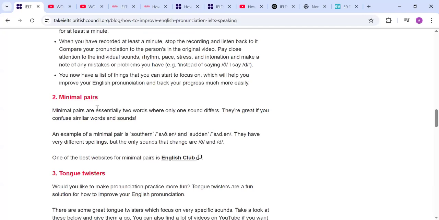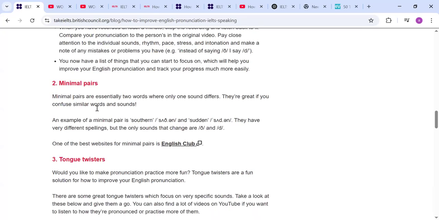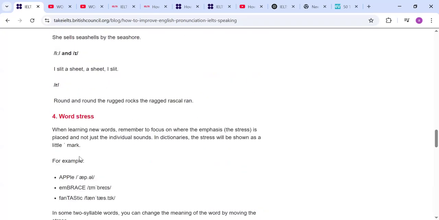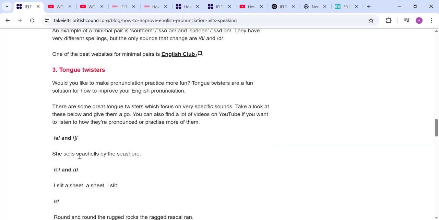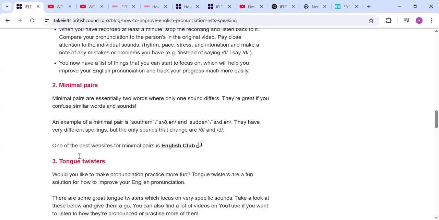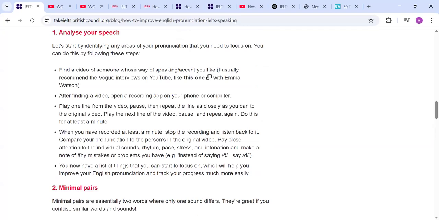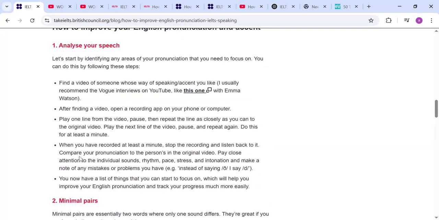Either your speech is clear or not, either it is understandable for the examiner or not. If it is not, don't go to these factors, word stress and sentence stress. These are higher band level features. If you have time, go through them, but your first focus should be that your speech is clear to any listener, and if it is clear to any listener, try to make it clear for an examiner.